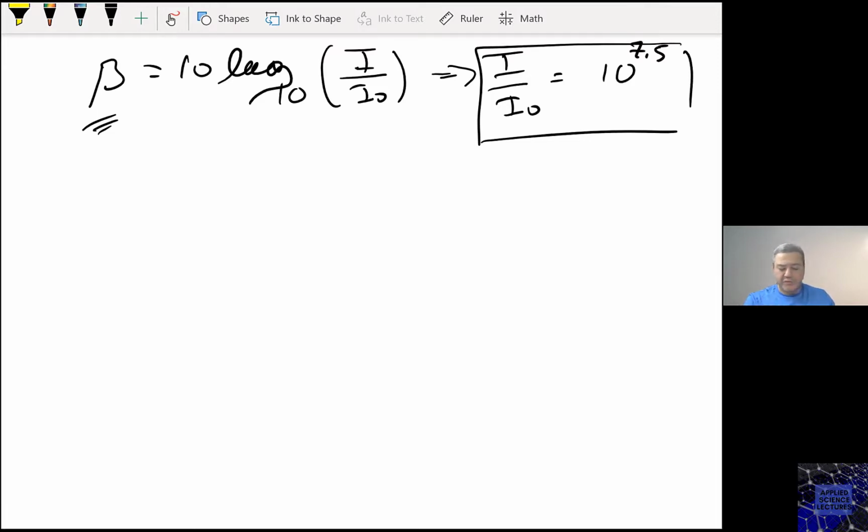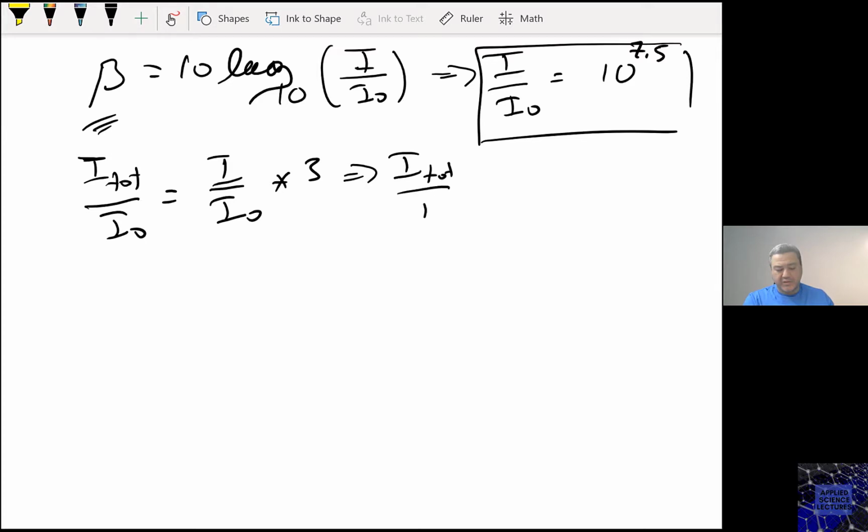Now the new intensity is 3 times this, so I total over I naught would be I over I naught times 3. In this case, I total over I naught is 3 times 10 to the power 7.5.